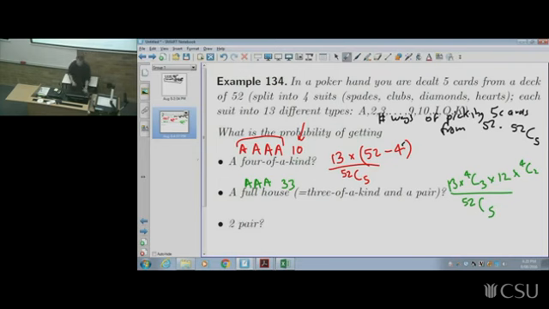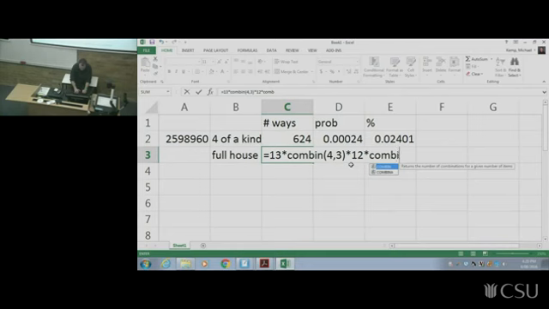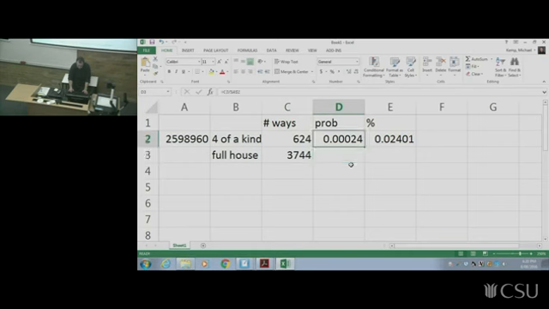To get the full house hand, it's 13 times 4 choose 3 times 12 times 4 choose 2. So that's more likely to get a full house. And just copy everything across.